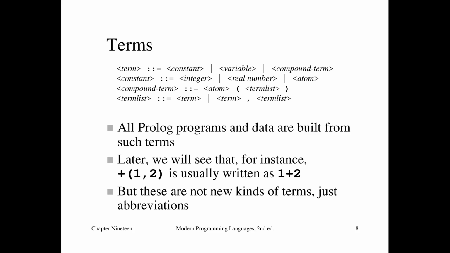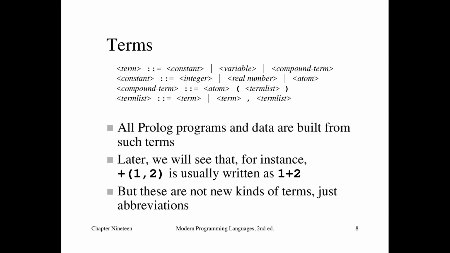The BNF for terms in Prolog is shown here. It's pretty simplistic to understand. We just need to note that all Prolog programs and data are built from such terms, and if we understand that, we can then move along. We do note that operators like binary operators such as plus, multiply, divide, et cetera, are typically written as we see here in prefix notation, so the operator precedes a parenthesized, comma-separated list of terms.